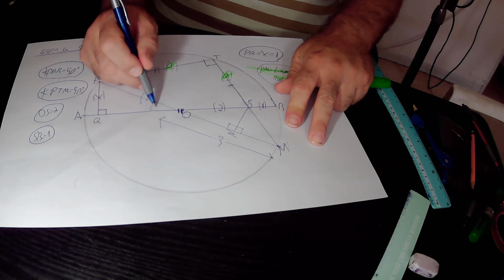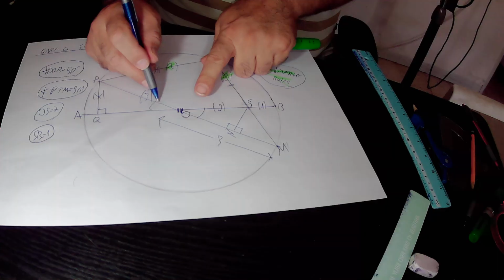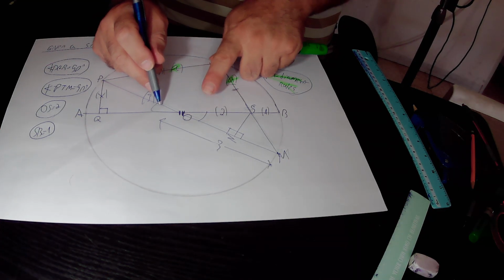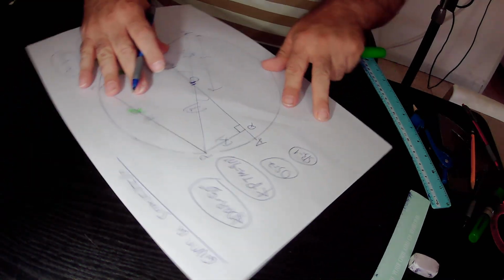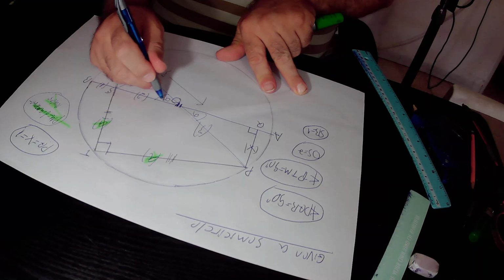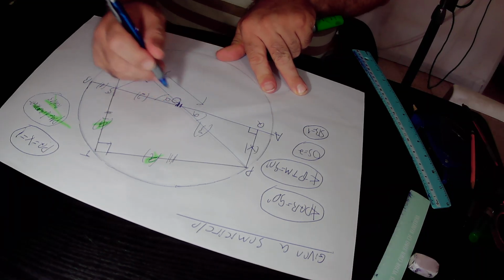Those two angles are defined as vertex angles, and we know that vertex angles are equal to each other. So if we define the size of this angle as alpha, then the size of this angle must also equal alpha, because they are equal to each other.